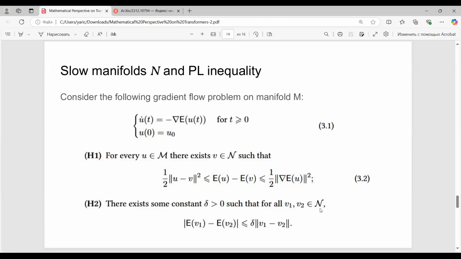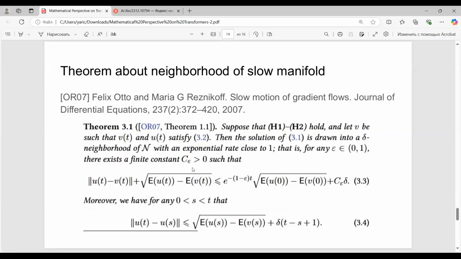Then you have this theorem, which might be considered classical for now. The difference between dynamics of U and V is bounded from above by an exponential function.